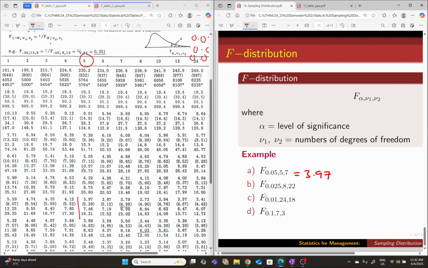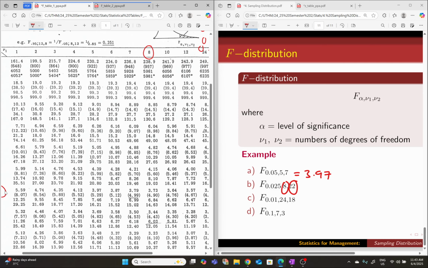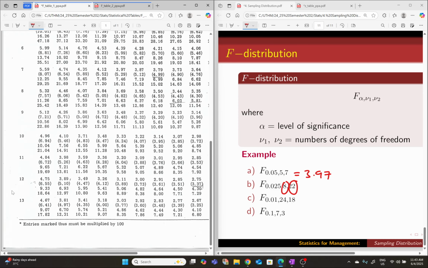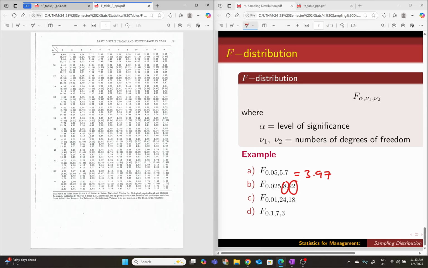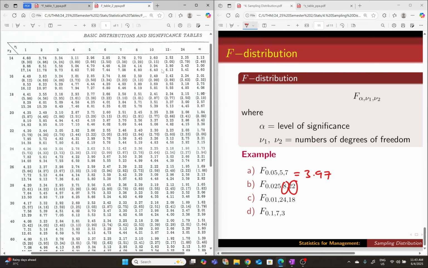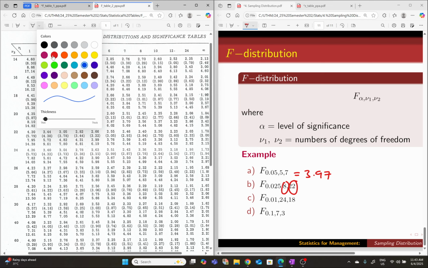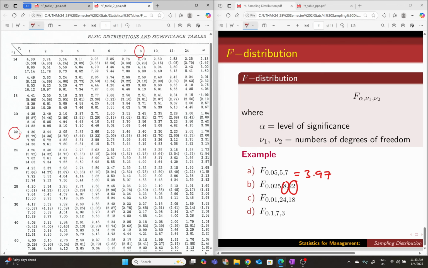Okay. Now let us do B. 8 and 22. 8 is where? 8 is here. Where is 22? Maybe it is in this page? No, second page. We go to the second page now. 8 is here, 22 is here.